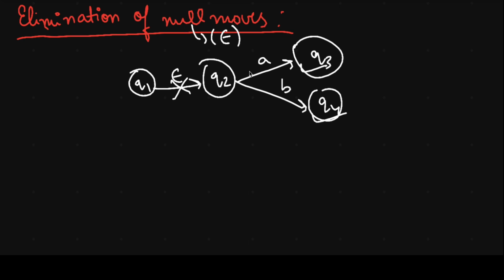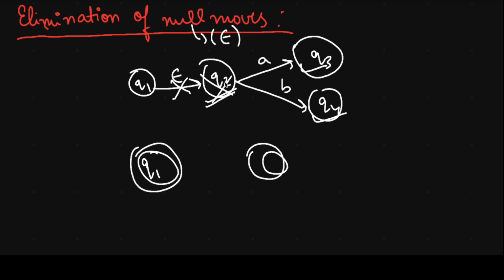So what we can do is, we will see wherever the second state is going, and reach all of them from the initial state. Then you delete this. So Q2 is going to Q3 and Q4, so try to reach Q3 and Q4 using Q1. We don't have to delete Q2, we have to delete this move.